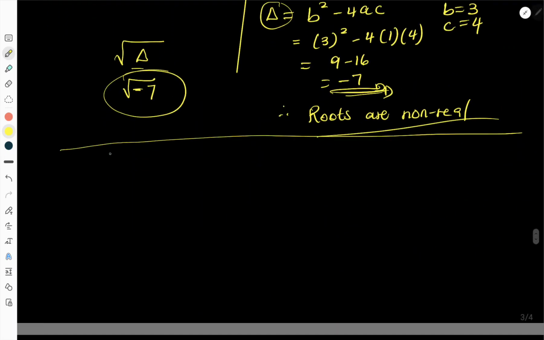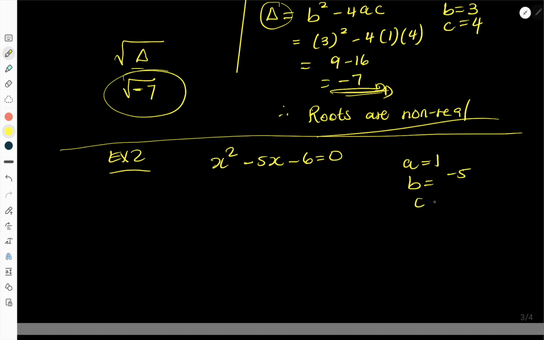Then let's look at example number 2. Let's say you have x squared minus 5x minus 6 is equal to 0. Let's identify our coefficients. A is equal to 1, B is equal to -5, and C is equal to -6.